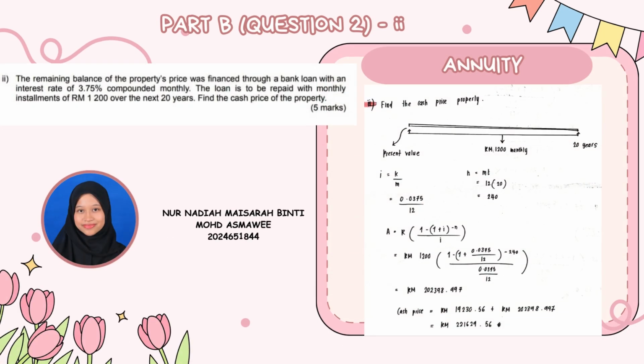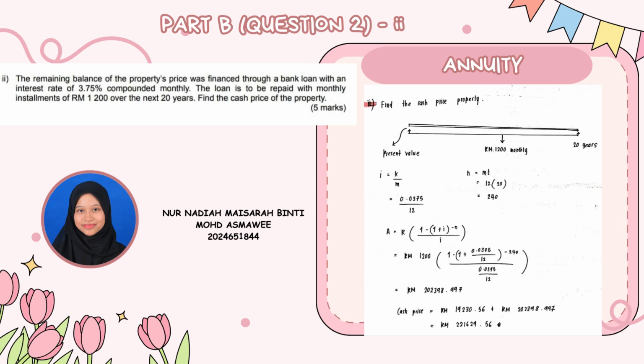Then question number 2. The remaining balance of the property's price was financed through a bank loan with an interest rate of 3.75% compounded monthly. The loan is to be repaid with monthly installments of 1,200 over the next 20 years. Find the cash price of the property. For this question, we need to use the present value formula.